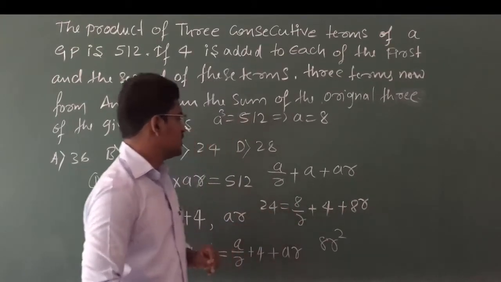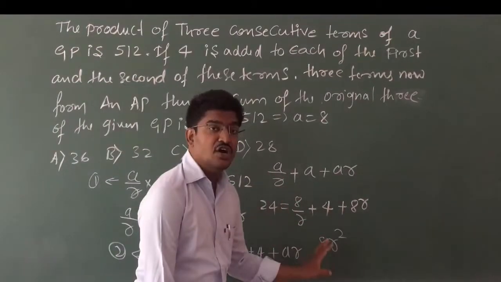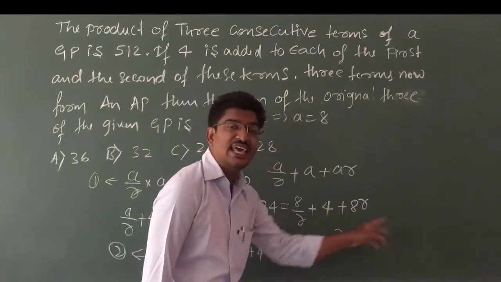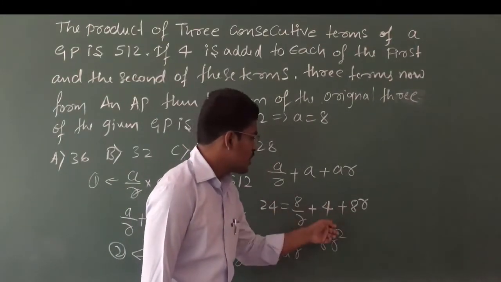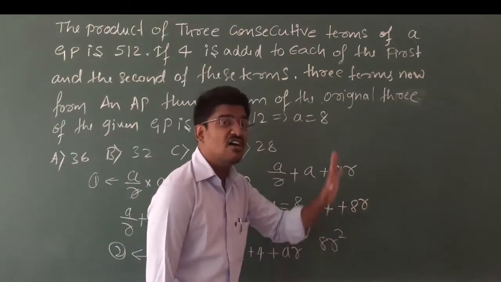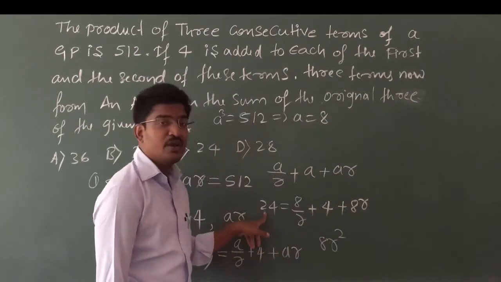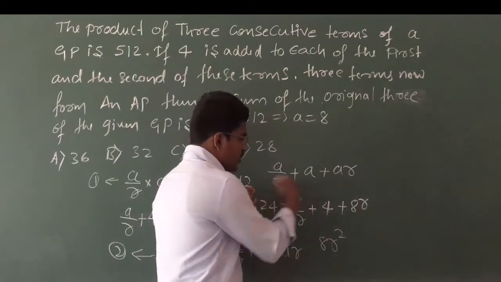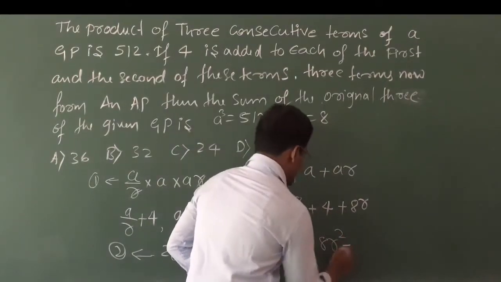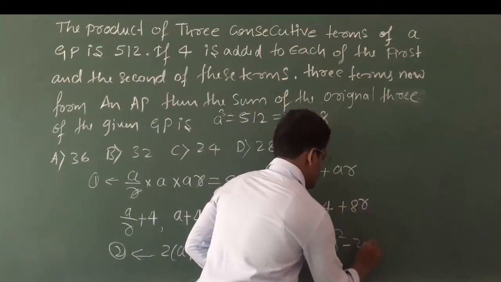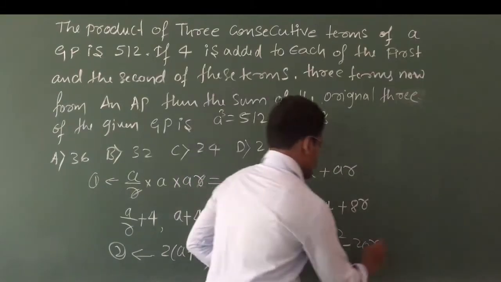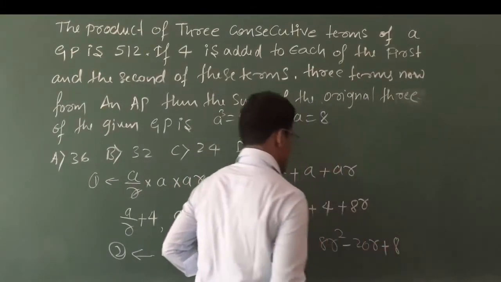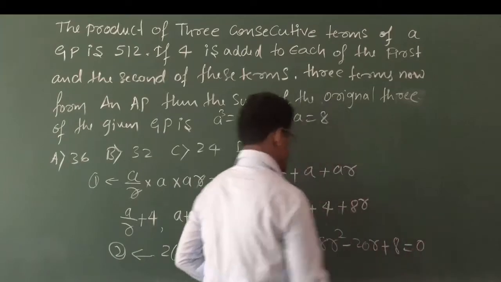Here R will be the LCM: 8 by R, 4R, this will be 8R square. This R will be multiplied to 24, it will be 24R. After simplification, what you are going to get? It will be minus 20R, plus 8 as it is, equal to 0.